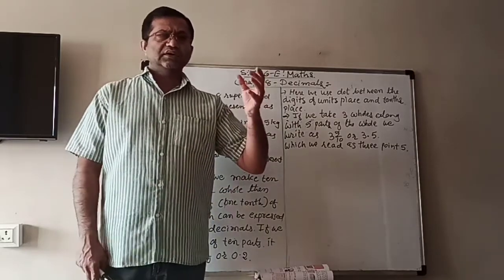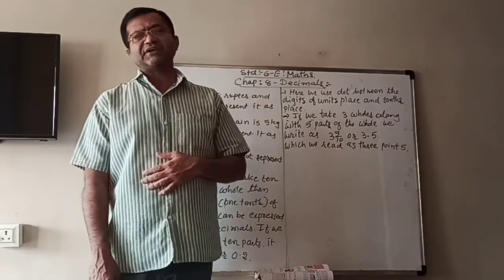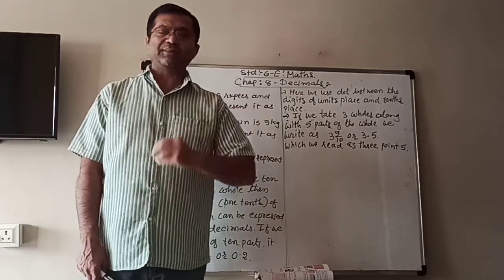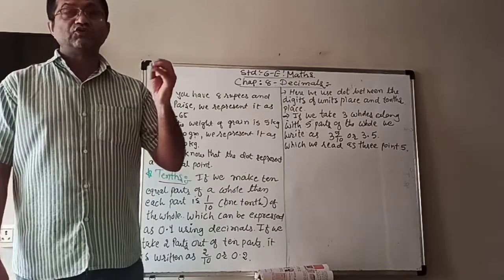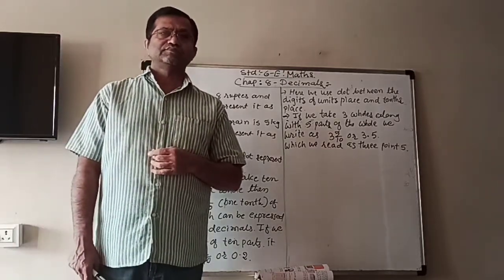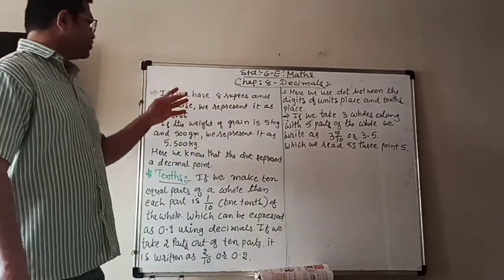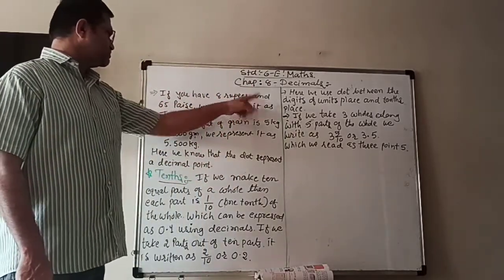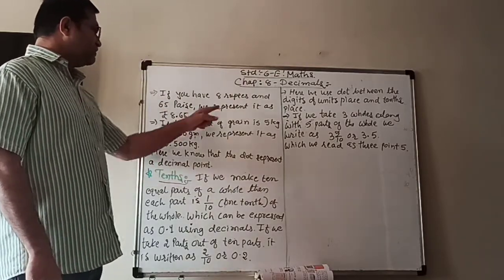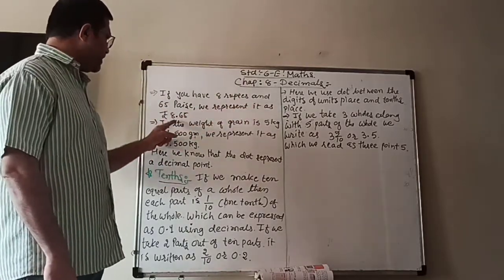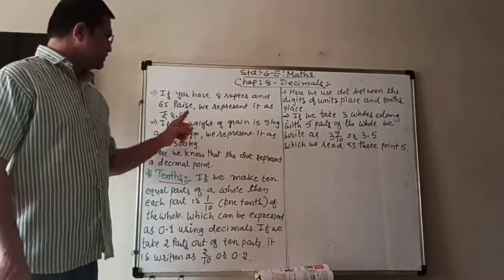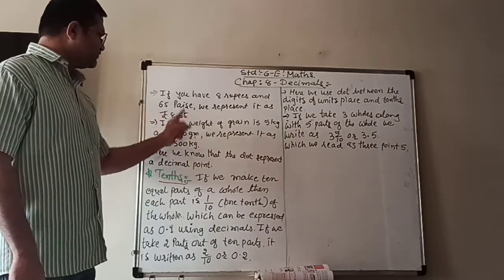Like 1 rupee 75 paise, they don't write rupees 175 paise, but they use 1.75 rupees. Here also, 8 rupees and 65 paise, we will represent it as rupees 8.65. So we have to understand that this is 8 rupees and 65 paise.